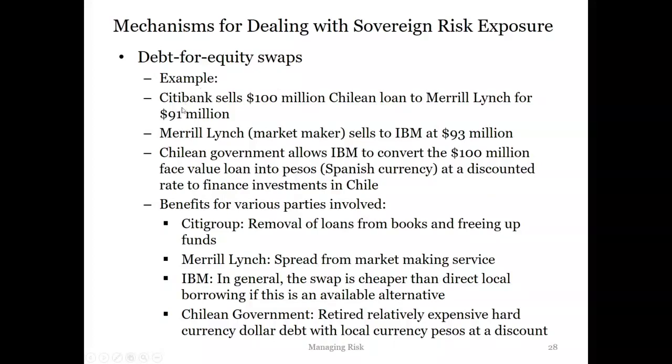So what Citibank did was sell the 100 million loan to Merrill Lynch for 91 million. So they realized a 9 million loss, but still they got the majority of the money. And then Merrill Lynch sold that 91 million loan for 93 million to IBM, so they earned 2 million from that.